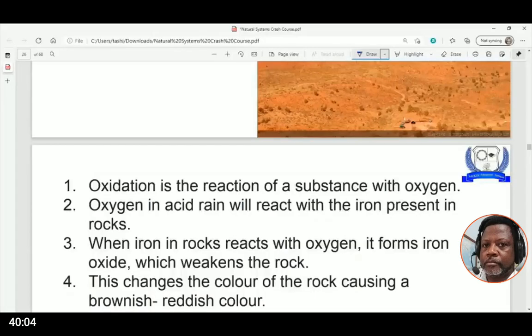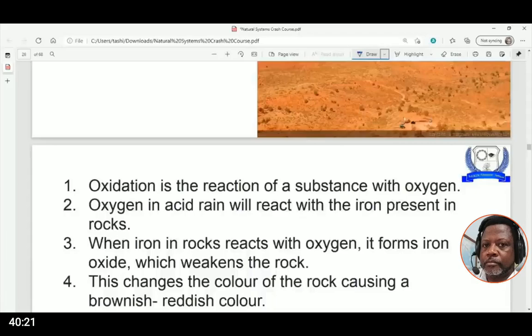Do you see that sometimes? So it would have been basically the rain or the oxygen that is reacting to the iron, which weakens it and causes the rust to take place.